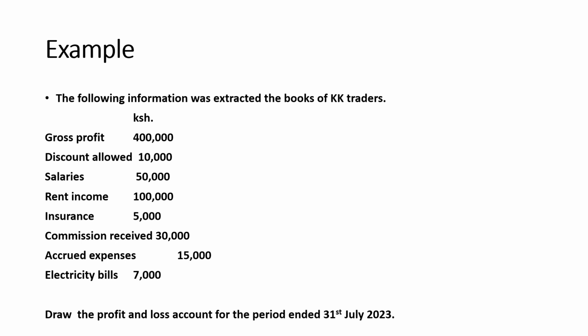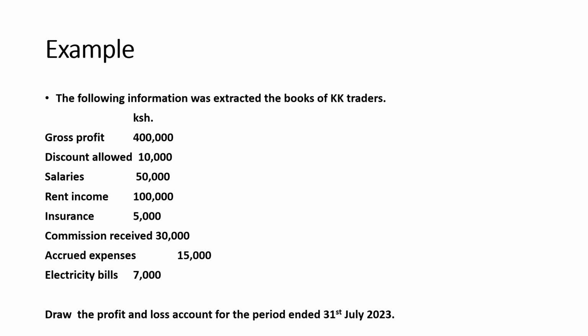We have the gross profit, we have the discount allowed. Now, we have salaries, we have rent income, we have insurance, we have commission received, we have accrued expenses, we have electricity bills. Then they require us to draw the profit and loss account for the period ended 31st July 2023. So how do we proceed there?